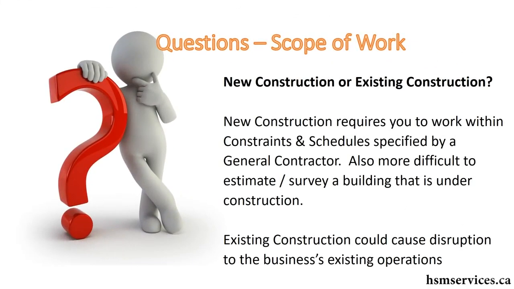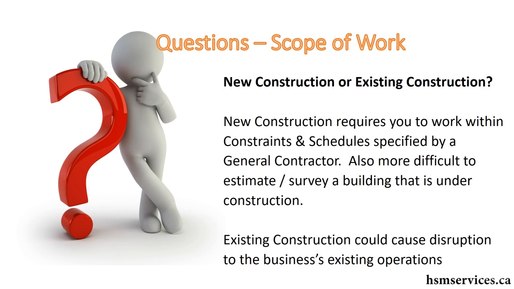Now, is this new construction or existing construction? If this is a brand new building that doesn't exist yet and you're responsible for installing the Wi-Fi, then you'll be working with the general contractor. And the general contractor is the person who is responsible for building the building.